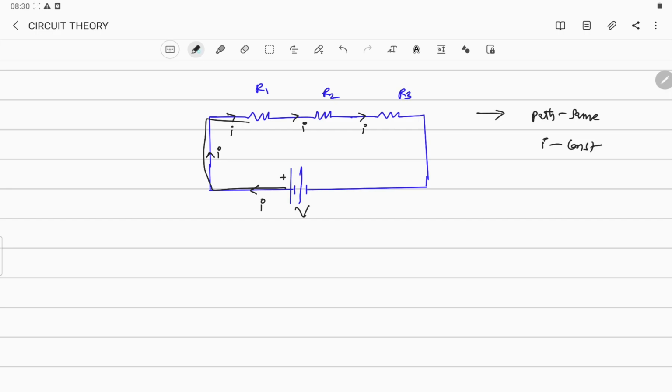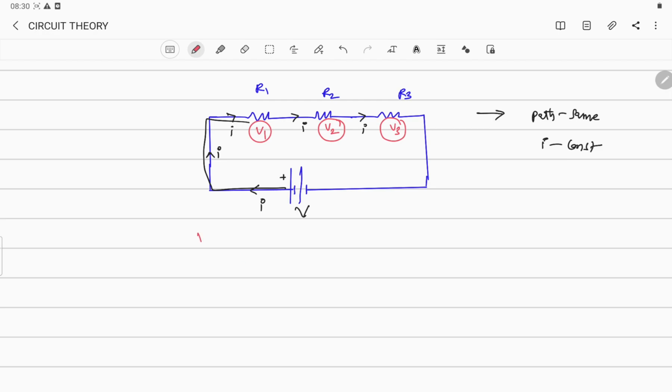But what happens here is that the total voltage V is divided among the resistors, because the resistors consume the voltage. So a voltage drop occurs. Let V1 be the voltage drop at resistor R1, V2 at resistor R2, and V3 across resistor R3.